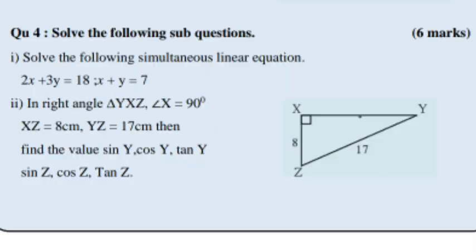Let us move to the last question. In a right angle triangle YXZ, angle x is equal to 90 degree, xz is equal to 8 centimeter, yz is equal to 17 centimeter. Then find the value of sin y, cos y, tan y, sin z, cos z and tan z.